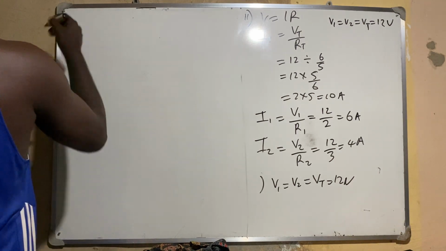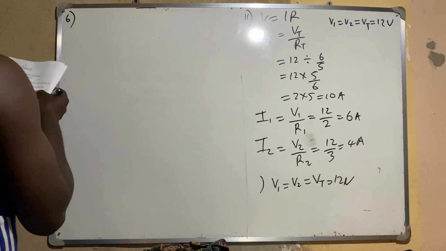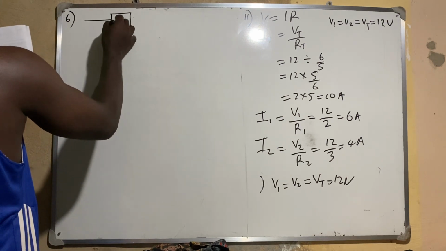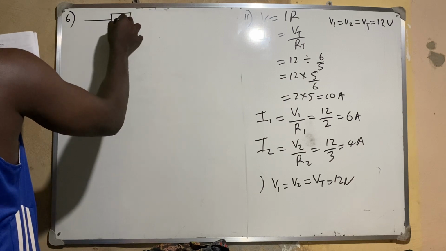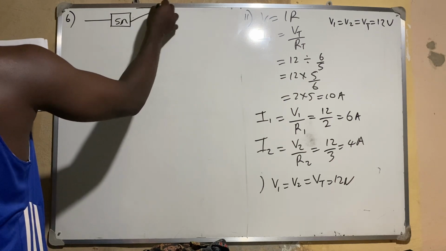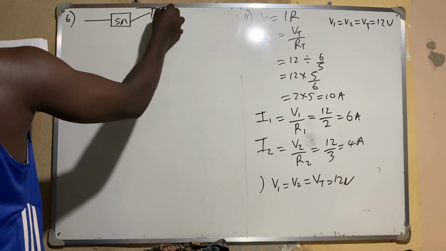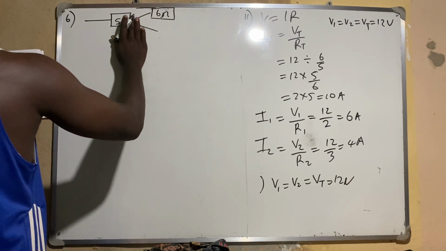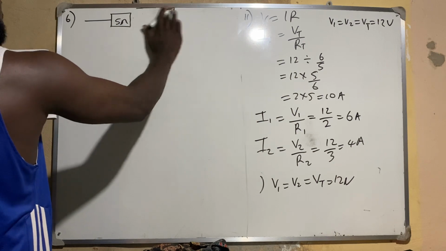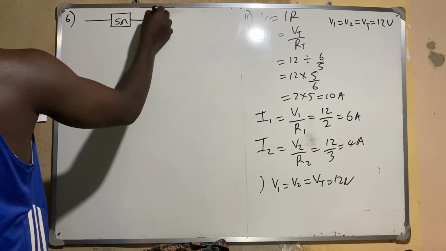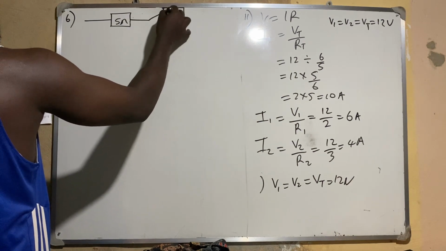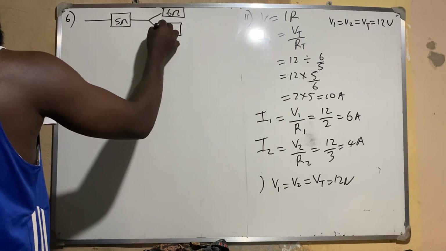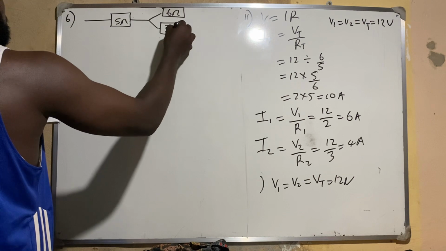So question number 6. They gave me something like this and said that here is 5 ohms, then connected to 6 ohms, connected to 6 ohms, connected to 3 ohms.